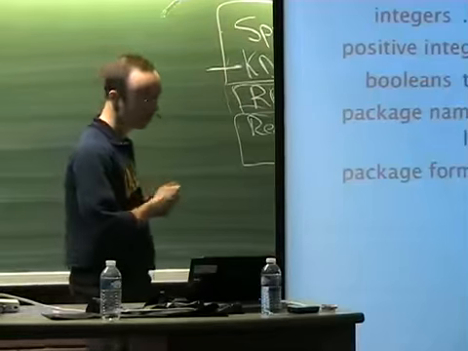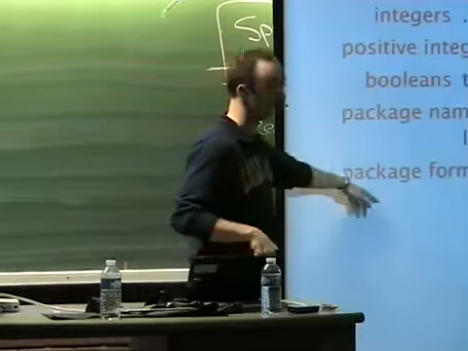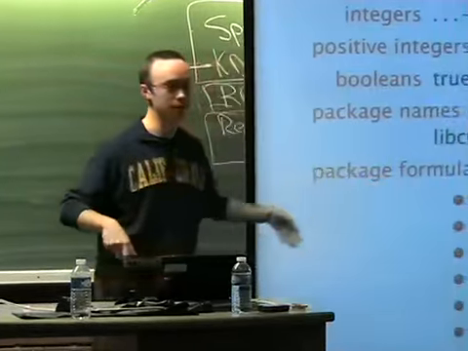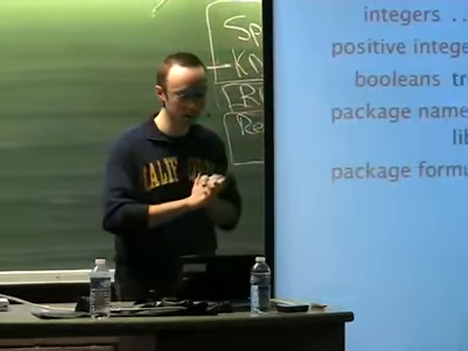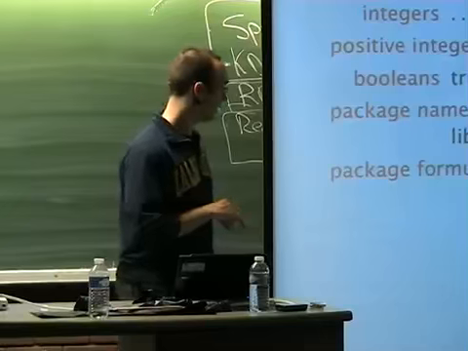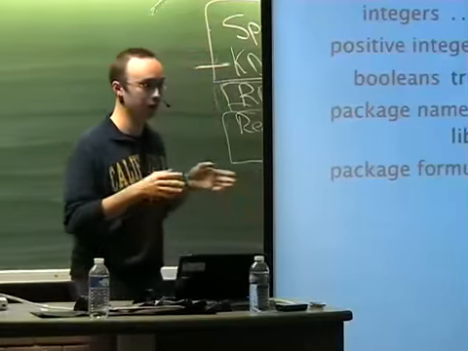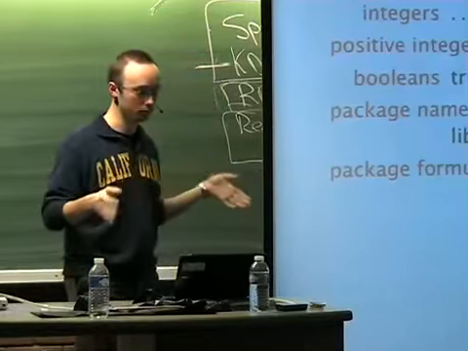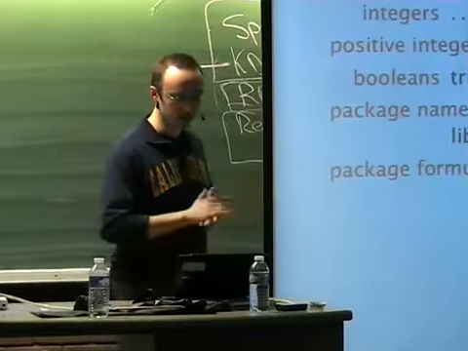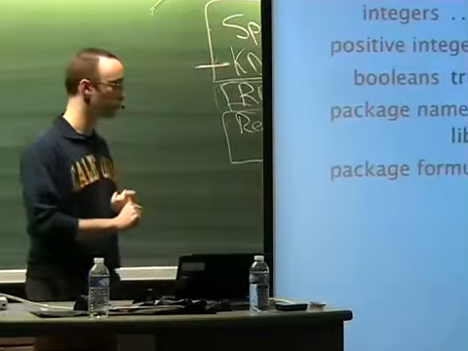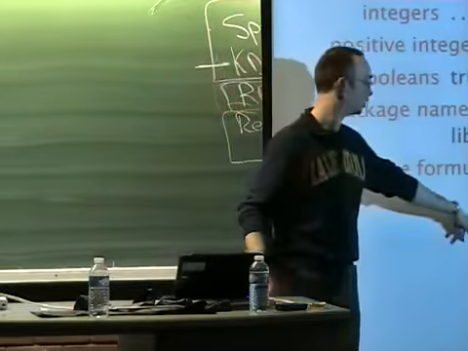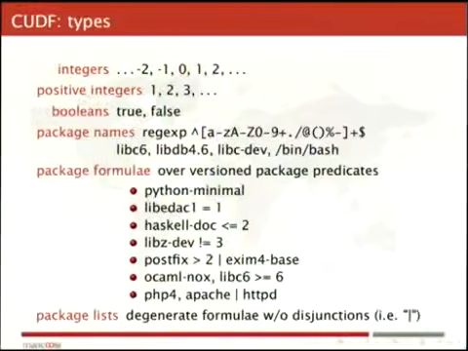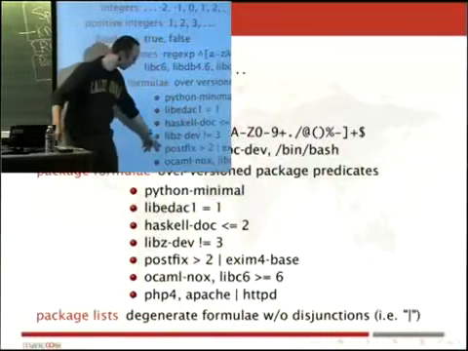Then we have package formulae, which are basically the usual type used for dependencies. A package formula is like a list of dependencies which have to be satisfied all together, and each dependency is either a versioned package predicate, like this one, where you request that this package is installed at a specific version, or a disjunction.